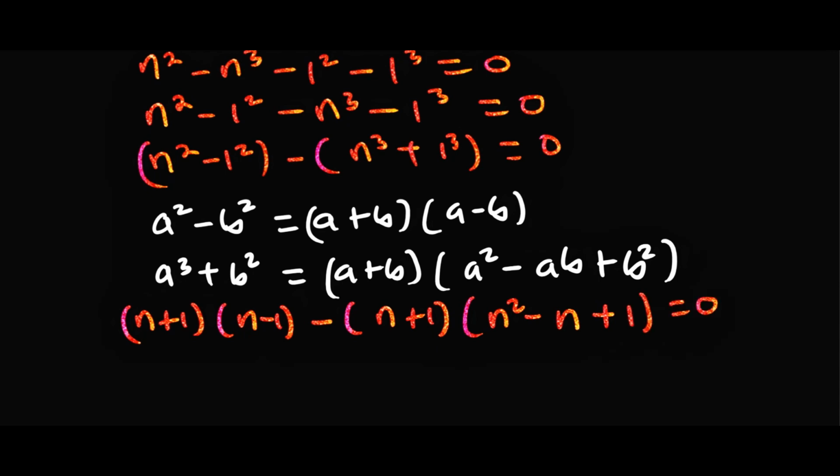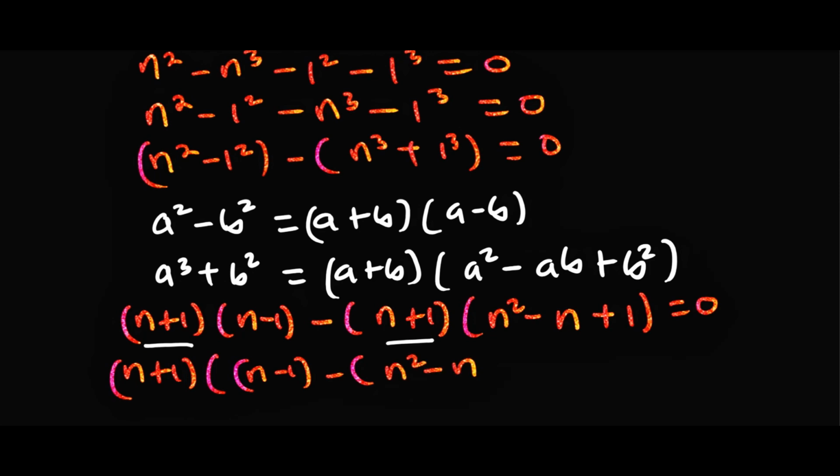So if you look at these two, you'll realize that there's a common factor, that is n plus 1. So we need to factor it out. So we have n plus 1 into, we're going to have n minus 1 minus n squared minus n plus 1, and that is equal to 0.